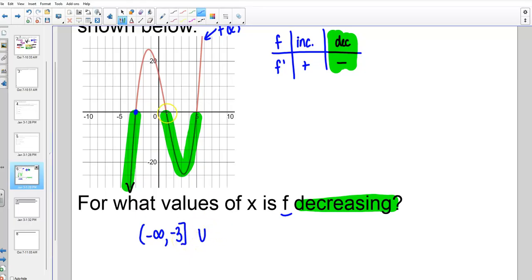And then you would also have x-coordinate right here, which is 1, over to x-coordinate right here, which is 5. We'll use brackets with all of that except for your infinity, because your infinities can never have brackets.